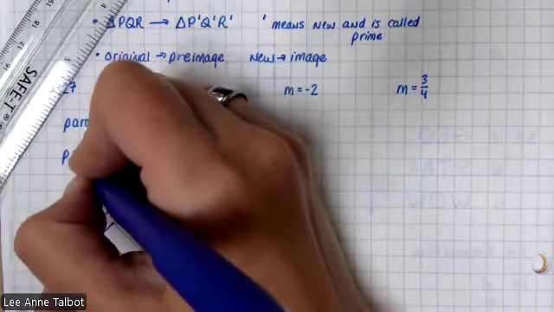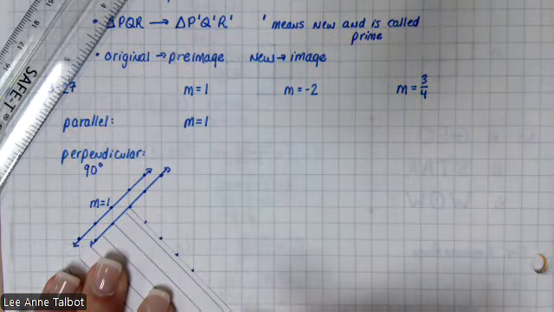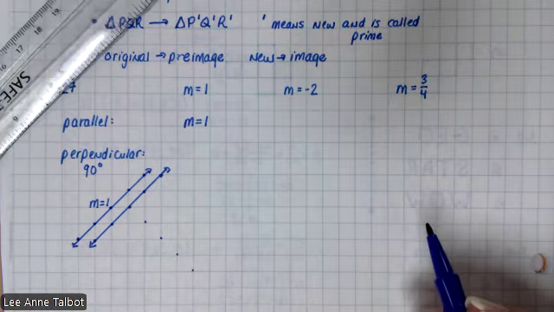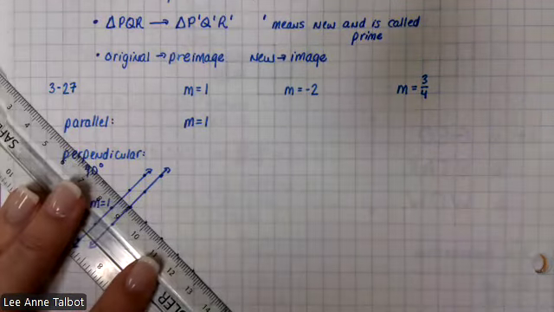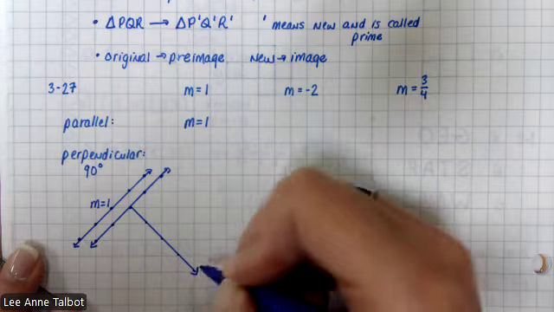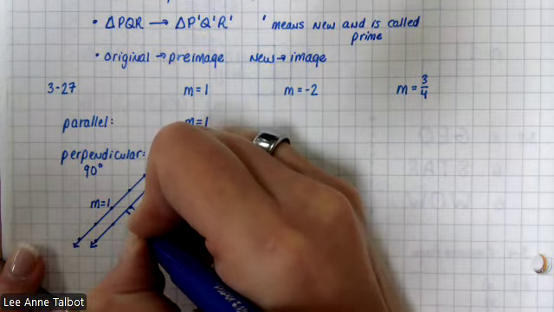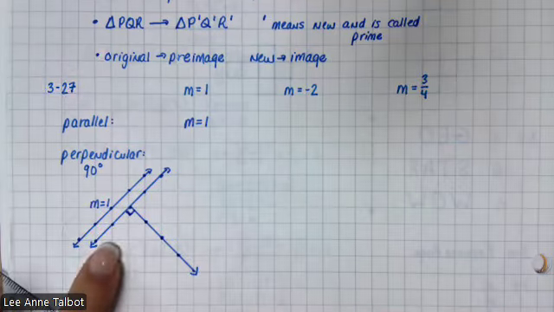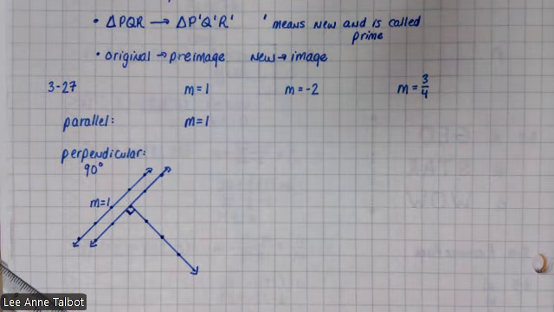Perpendicular means 90-degree angle. So I made a 90-degree angle with my note card. And put that 90-degree angle in your diagram. What is this slope?